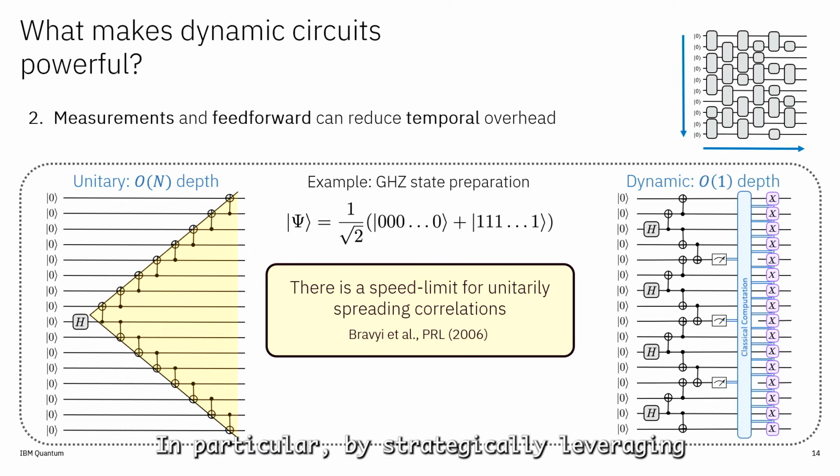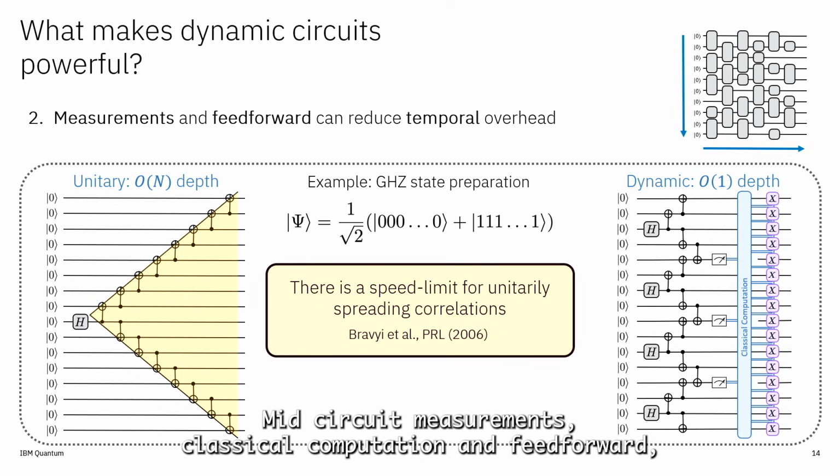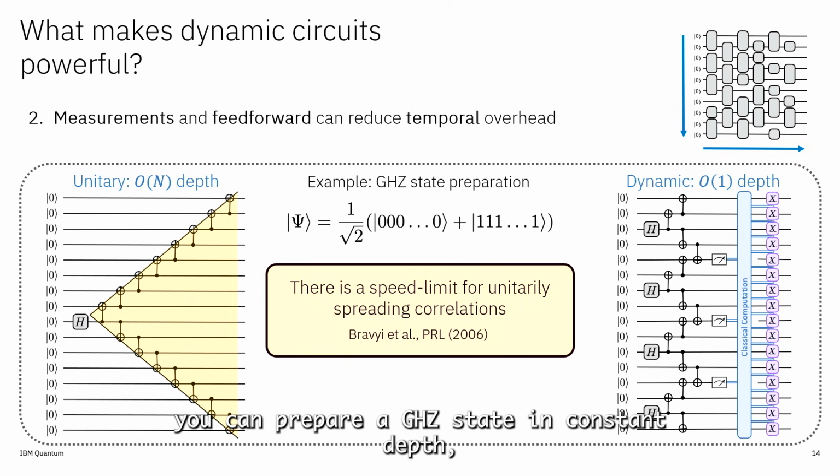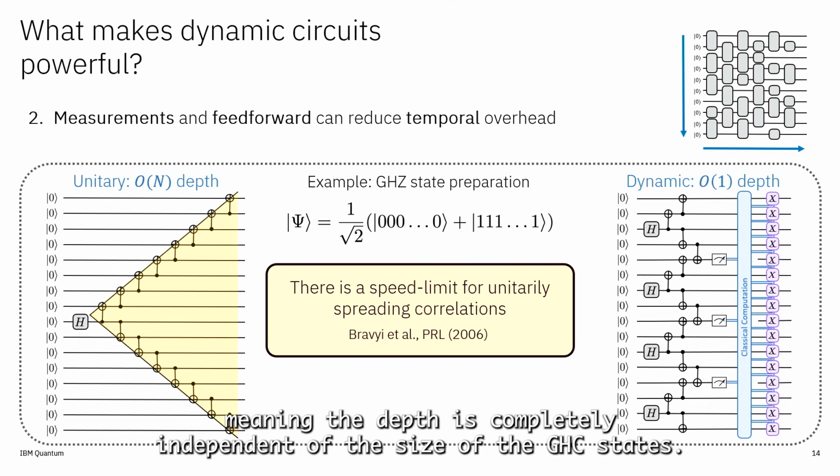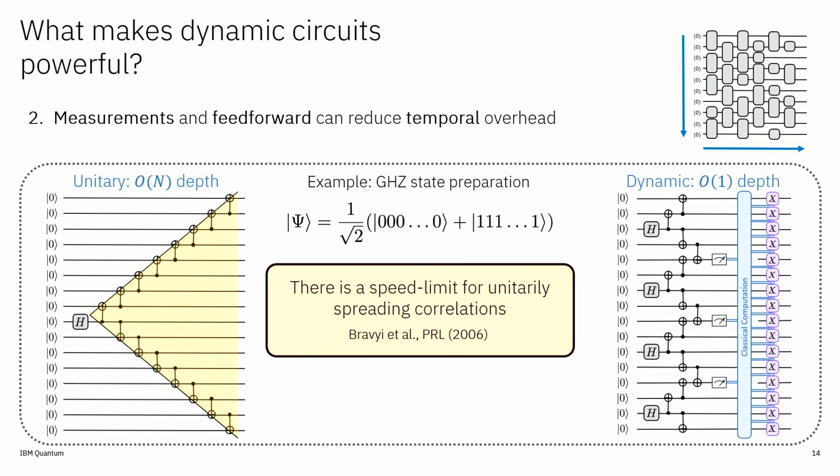In particular, by strategically leveraging mid-circuit measurements, classical computation, and feed-forward, you can prepare a GHZ state in constant depth, meaning the depth is completely independent of the size of the GHZ state. A 1,000 qubit GHZ state requires the same depth circuit as a 10 qubit one.